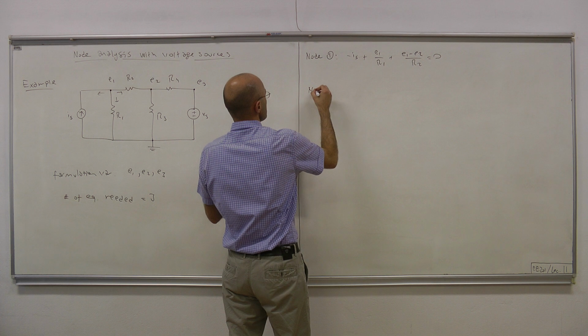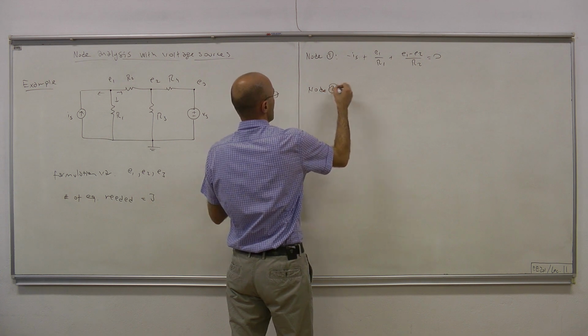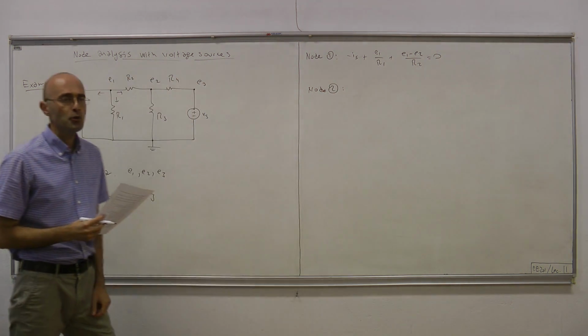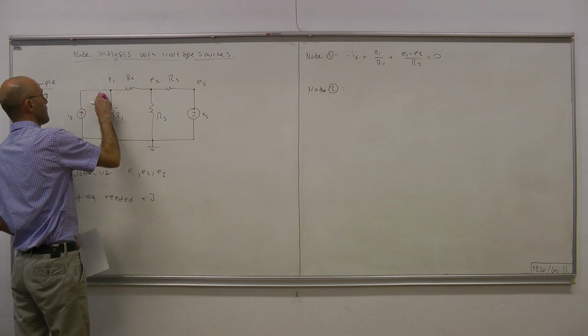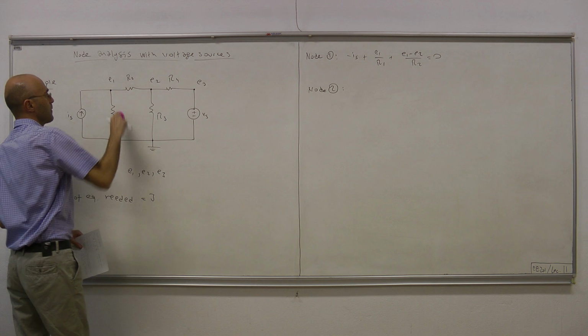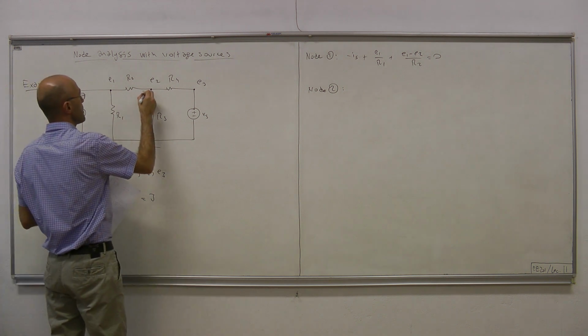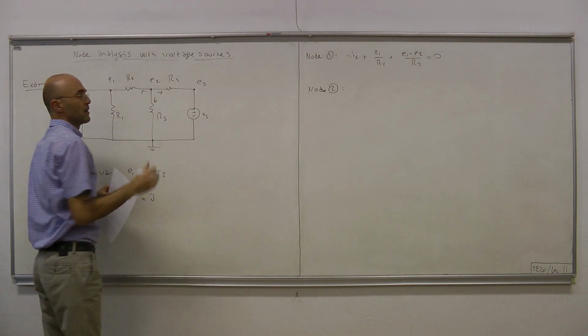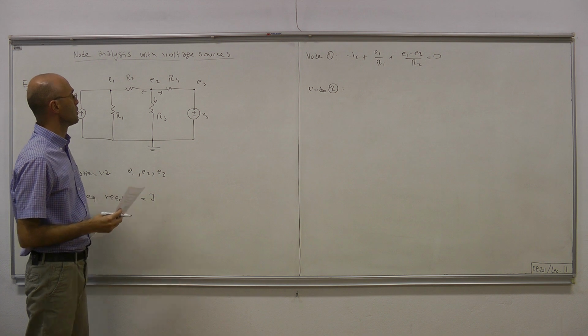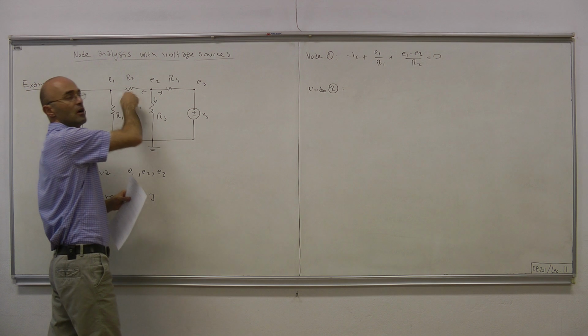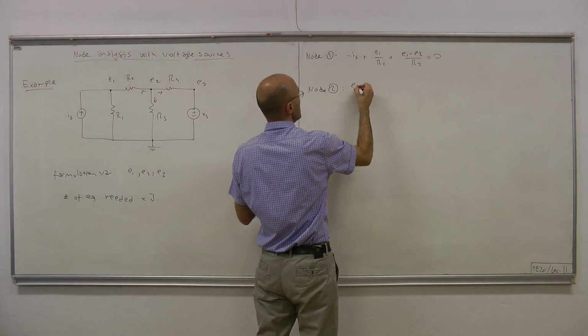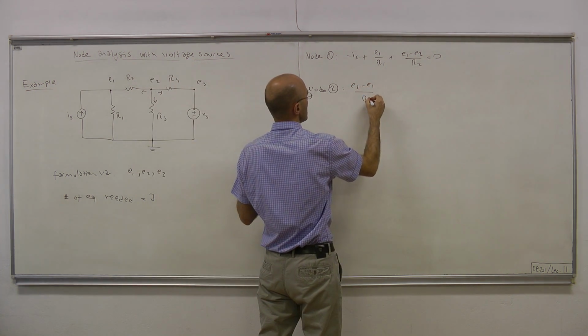The second equation is obtained at node 2. Now you can sum these 3 currents and the sum must equal 0. This current is E2 minus E1 over R2.